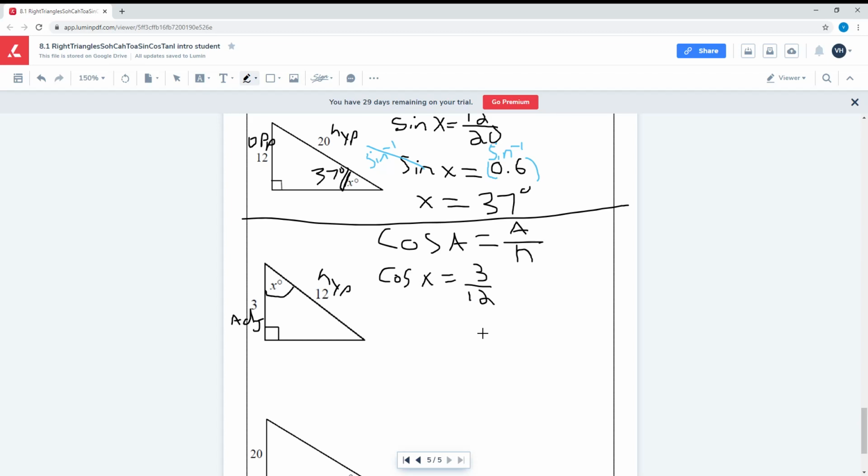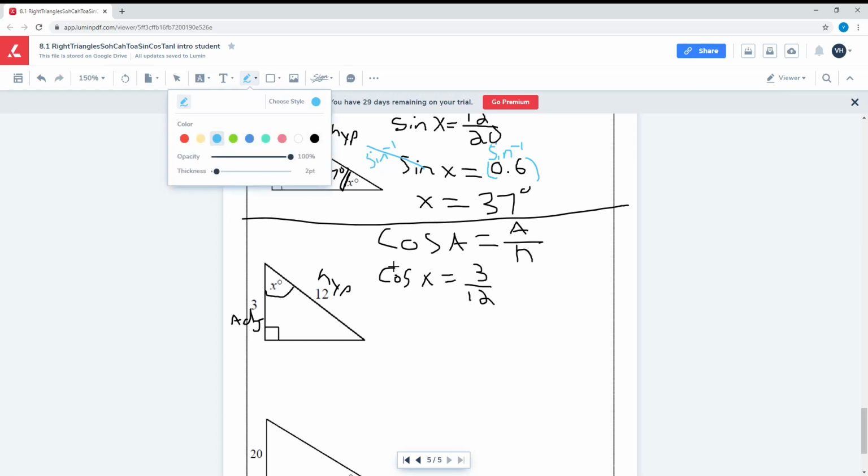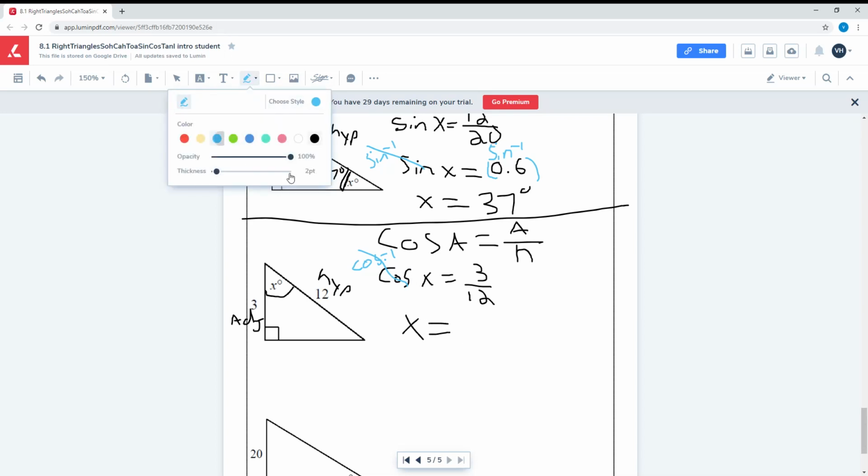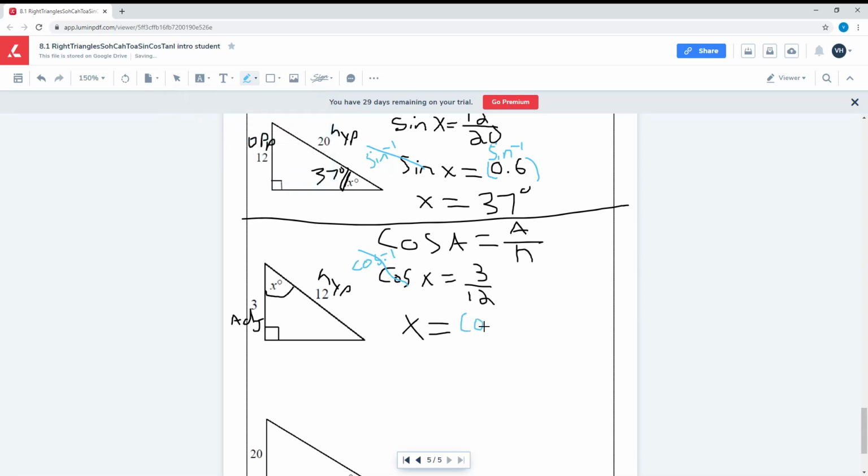Now, I'm going to show you the other way on how to do this on your calculator, okay? So I'm showing you two ways right now. So we got a cos inverse to get rid of this cos. And we're left with x equals, because what you do to one side, you gotta do the other, that cos inverse of 3 over 12.